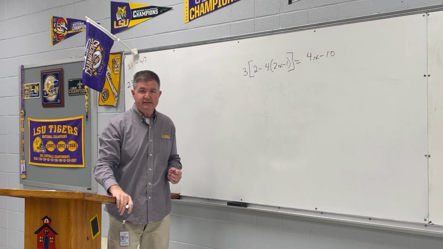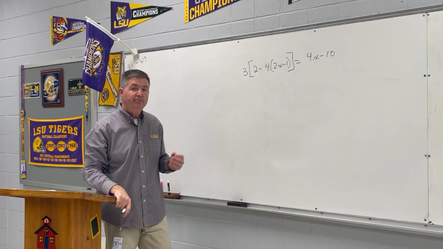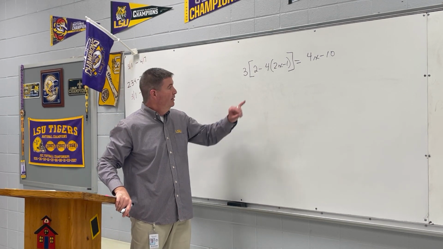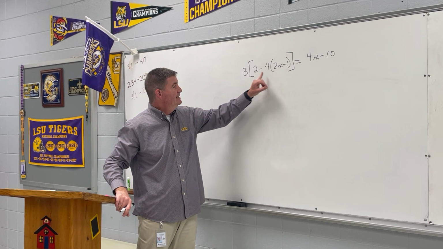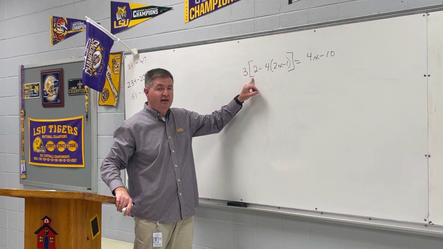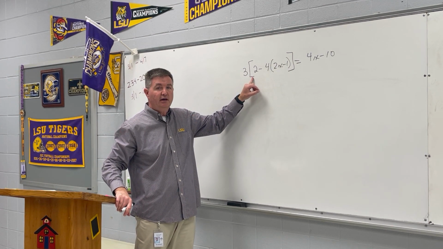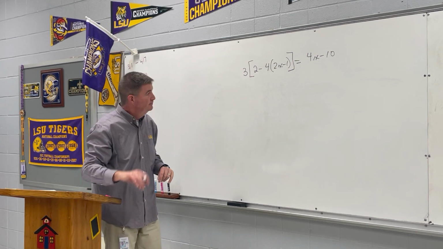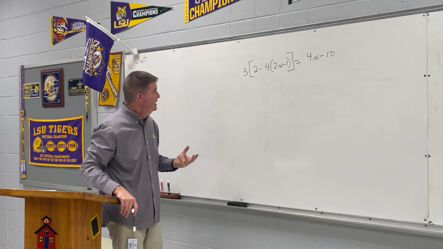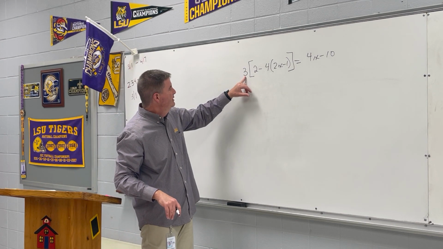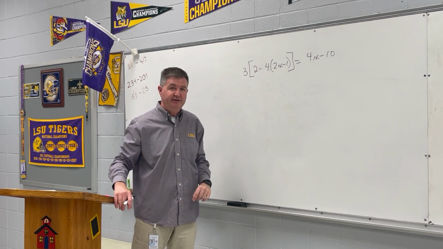What are brackets? Brackets are nothing more than parentheses. But when I have parentheses inside of parentheses, we usually put the first parentheses as brackets. It just means the same thing. It's grouping symbols.